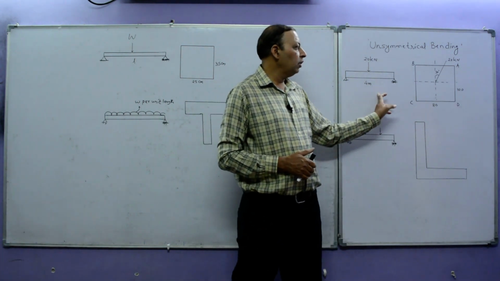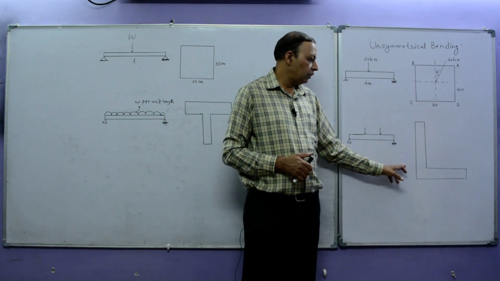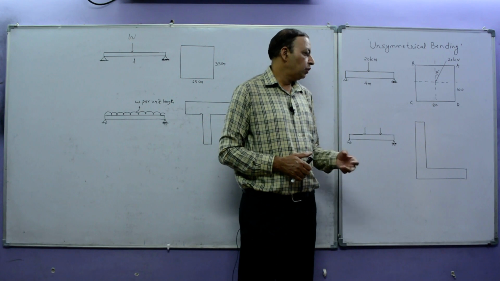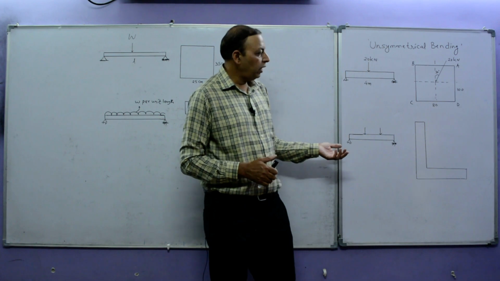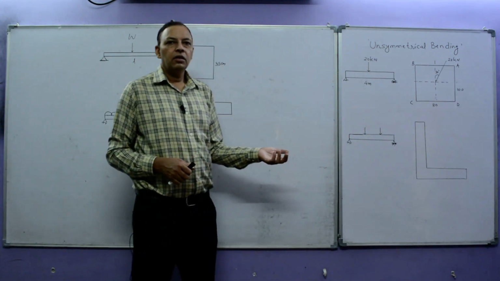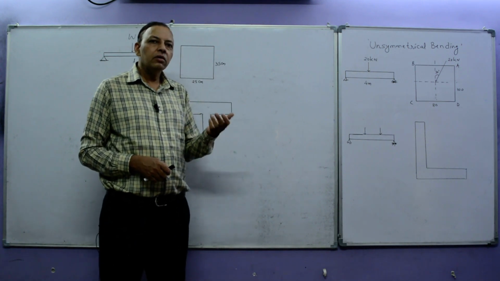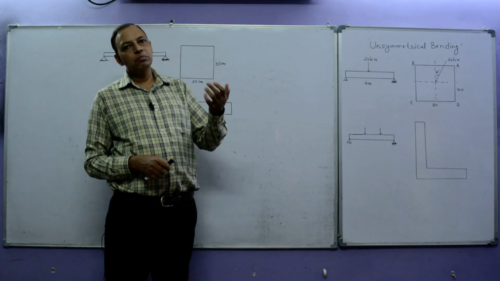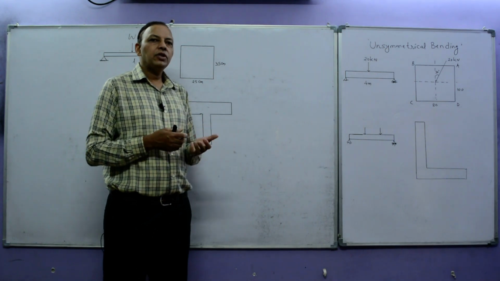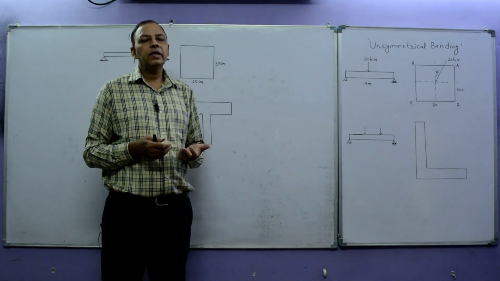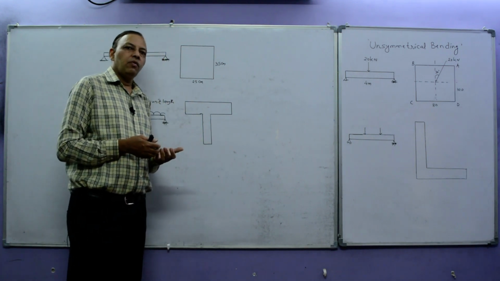So this violates the first condition, and in the second section, this section is not symmetrical, so this is violating the second case. So we can say that either bending moments do not act in a plane of symmetry of the member, or the section is not symmetrical, or both. In these cases, the beams or questions come under the unsymmetrical bending condition.